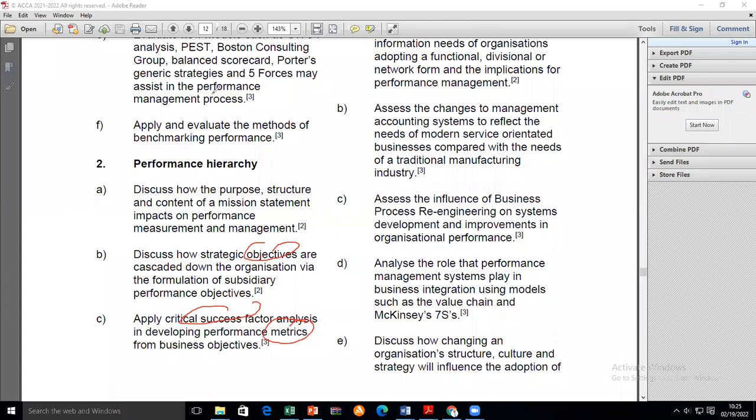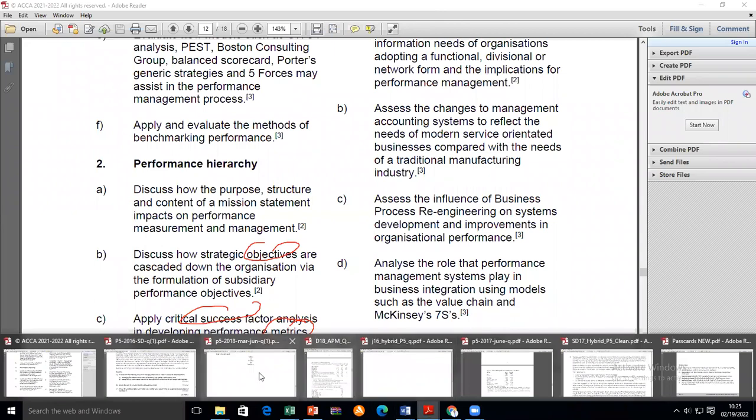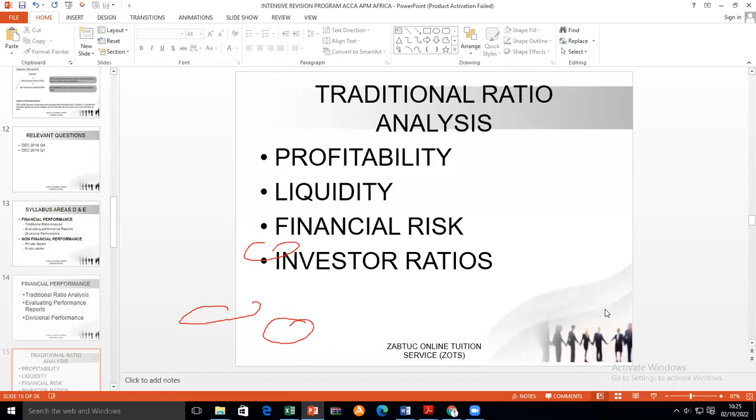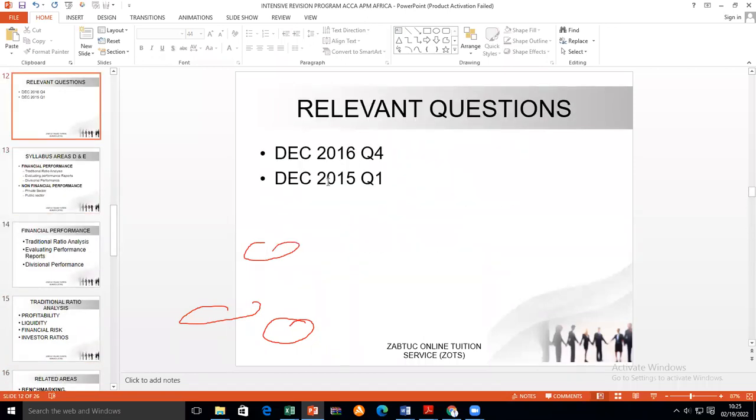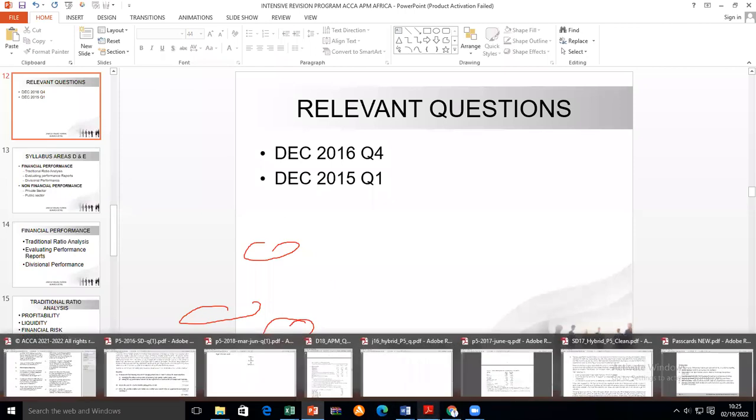Before we take our first comfort break, according to our schedule, let us also confirm something else. What is it that we want to confirm? December 2015, question number 1.